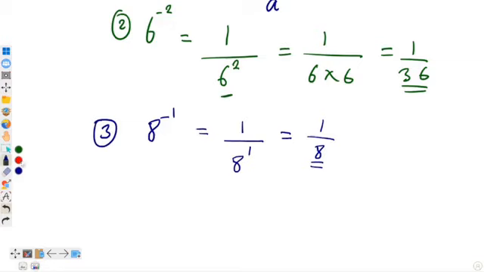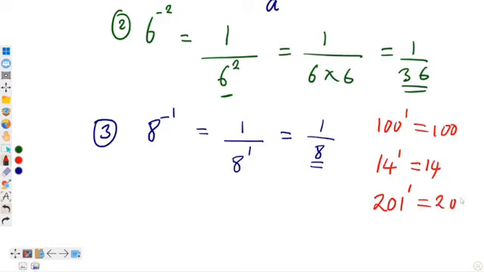So take note, even if you have 100 to the power of 1 to give you 100, even if you have 14 to the power of 1, you still get what? 14. Even if you have 201 to the power of 1, you still get 201. So you must note that any number raised to the power of 1, you get the same number. Okay? This is very important. That's why here we had 8 to the power of 1. We have gotten 8 right here.